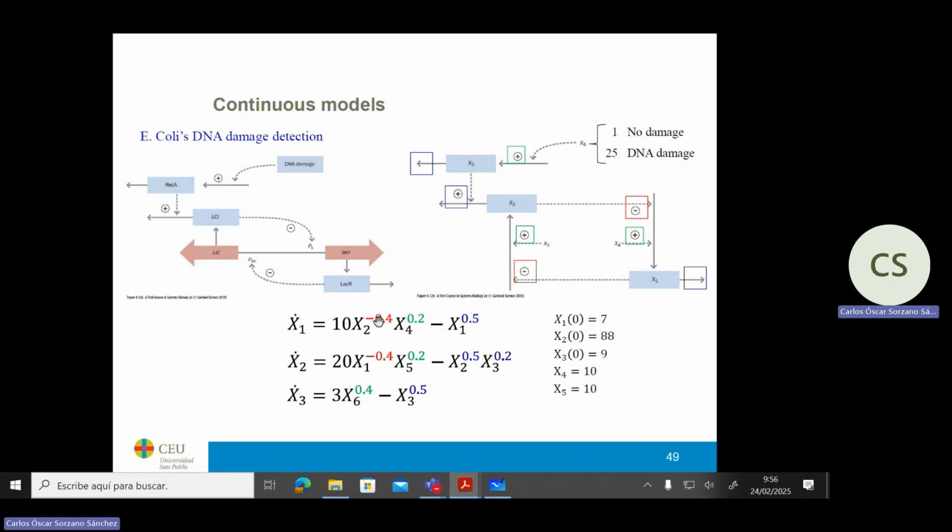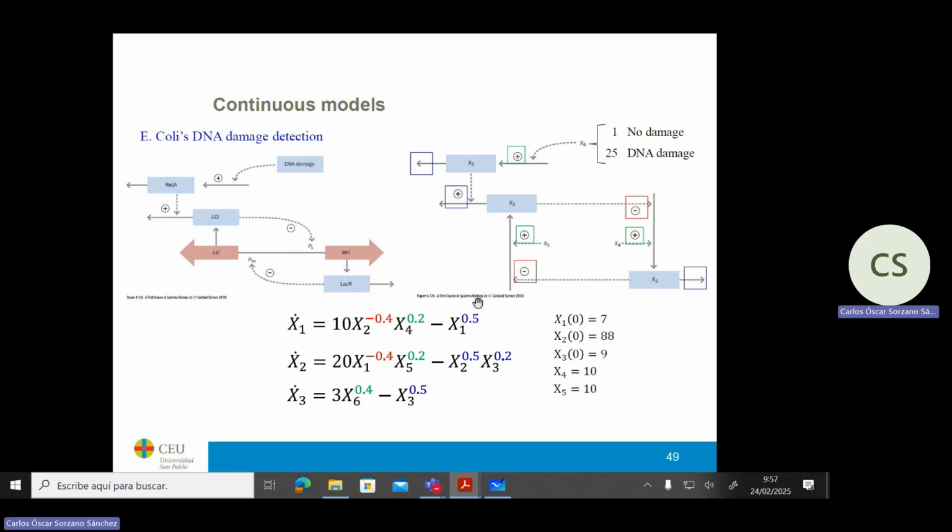It will be decreased by X2. These inhibitions and promotions go into the exponents of the concentrations of X2 and X4, and then there is a rate. And then X1 is secreted, so it is eliminated or metabolized into something else. So there is a decrease of X1, minus X1 to some power.